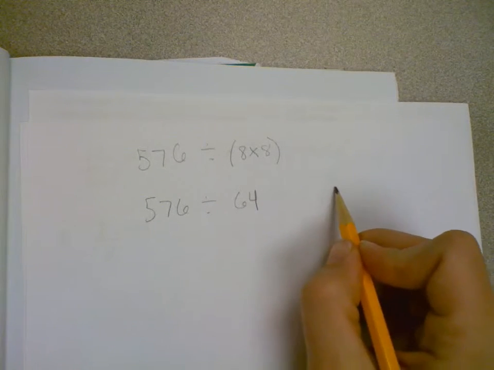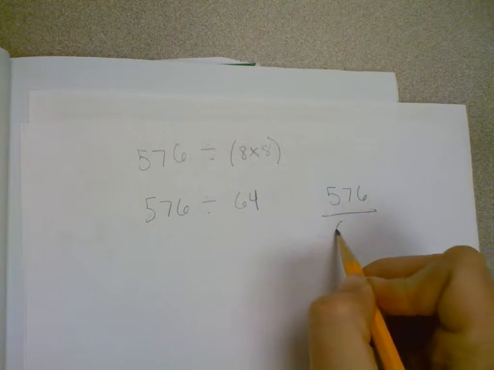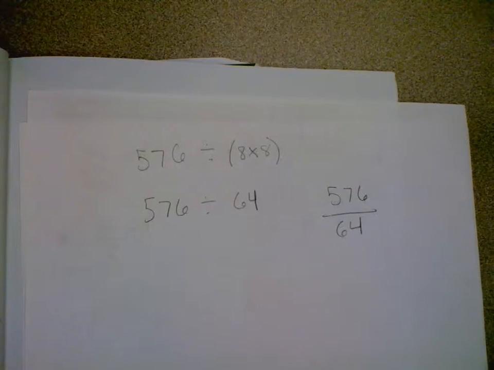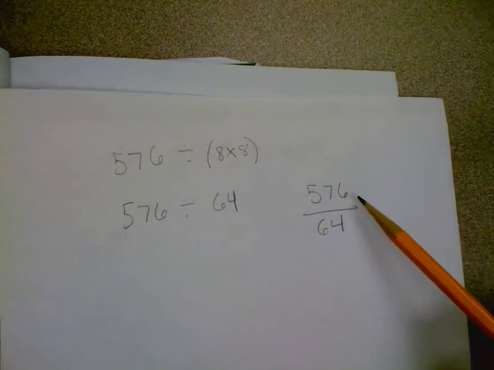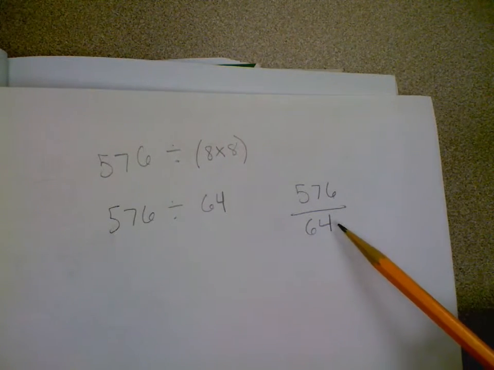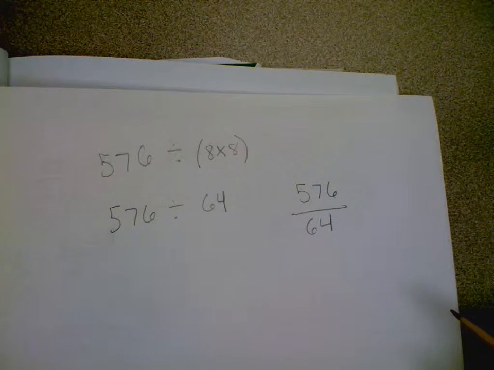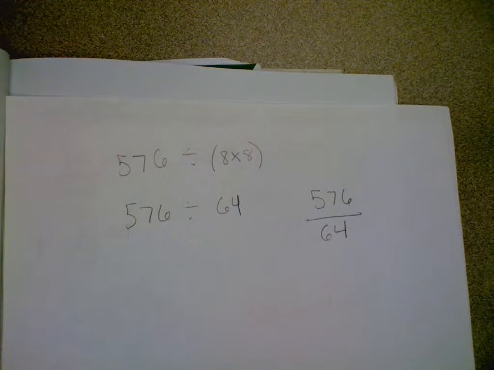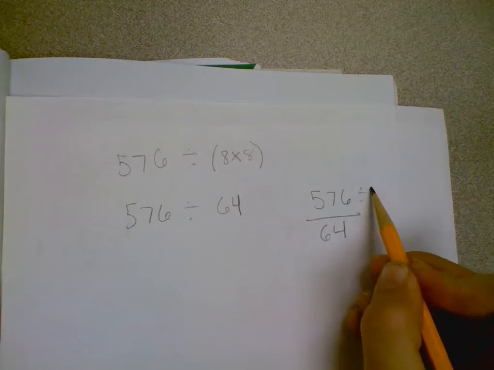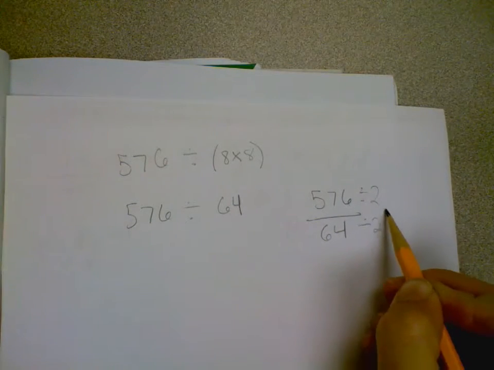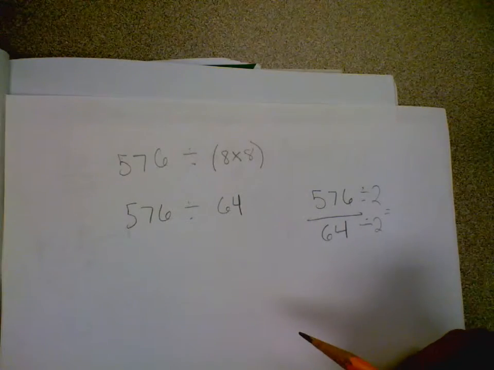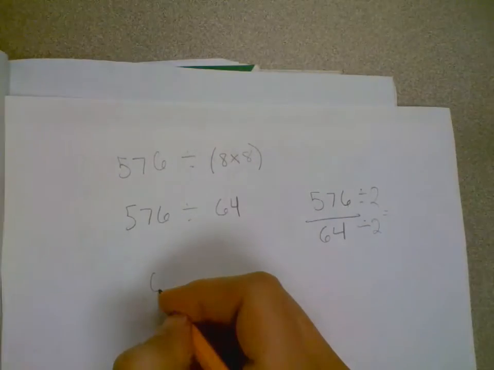You can look at it that way, or you can look at it in this way. Whatever's easiest for you. The only reason I like to do this first is because I can simplify and maybe come out with easier numbers to deal with. I know for sure that I can divide by 2. If you want to do that, you can. You can divide top and bottom by 2. If not, then you can go ahead and solve the long division.